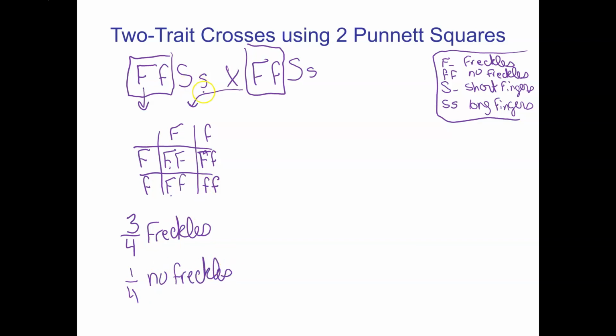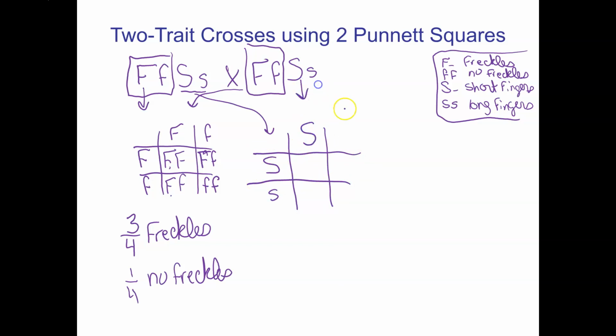Okay, and then I'm going to do the S's over here. So I'm going to take this, bring it over here. Big S, little s, big S right here, little s, big S, big S, big S, little s, big S, little s, little s, little s.